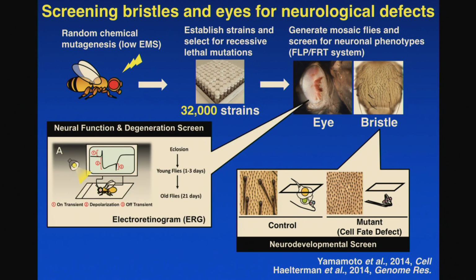And then we also screened in the eye by making clones in the eye with electroretinograms to identify mutations where the electroretinograms would be fine when the fly is eclosed, but progressively lose the amplitude and the on-offs of the electroretinogram, suggesting that there is a neurodegenerative phenotype.